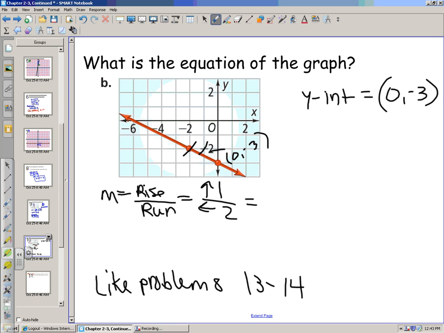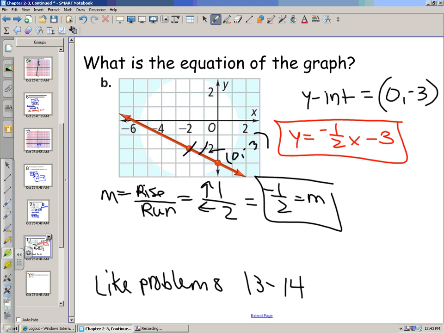Since I'm going to the left, what direction does left indicate? Negative, so my slope is -1/2. To give me the equation being what? y is equal to -1/2x minus 3, or plus -3. Same thing. This is like problems 13 and 14 tonight. We good? Make sense?